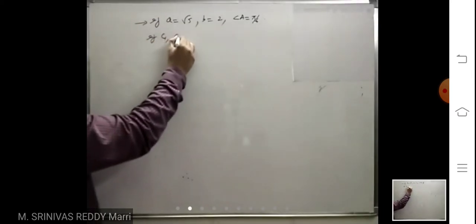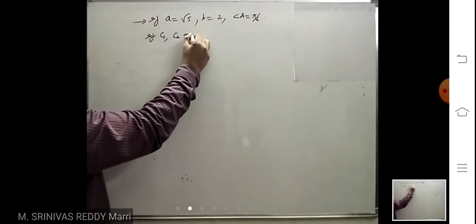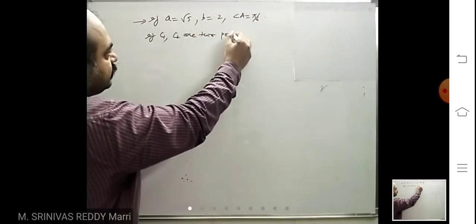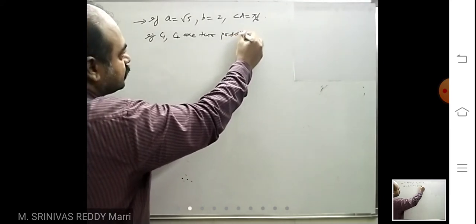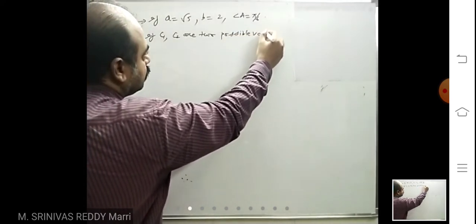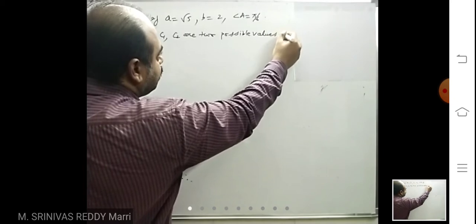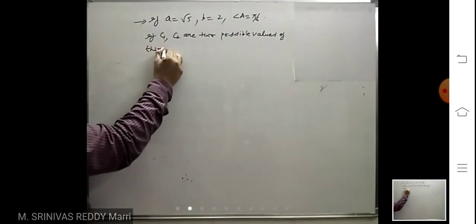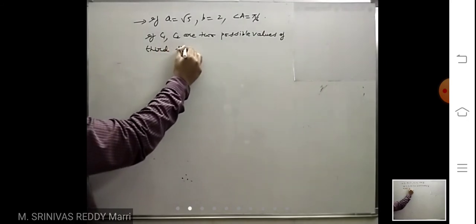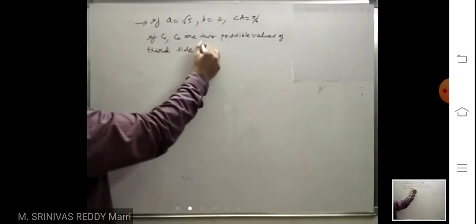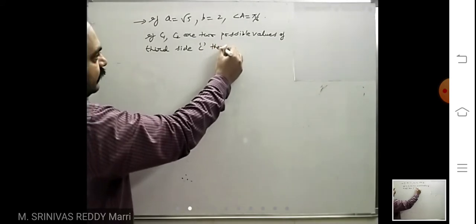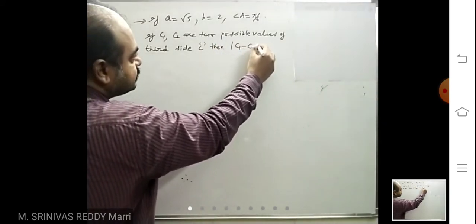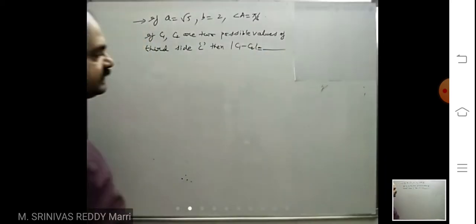If C1, C2 are two possible values of the third side c, then modulus of C1 minus C2 equals dash.